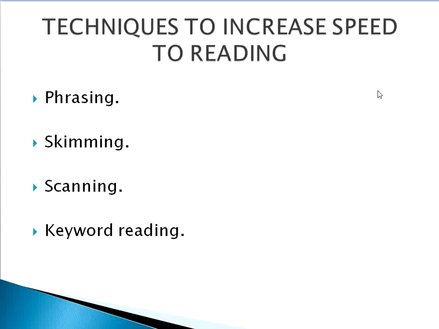Number one, phrasing. Phrasing means looking at several words. For example, in a paragraph, the first sentence: once upon a time there was a king. If you teach your students to read that particular sentence following the first technique, phrasing, then you will ask the students to look at the phrase of that sentence, not the words separately.